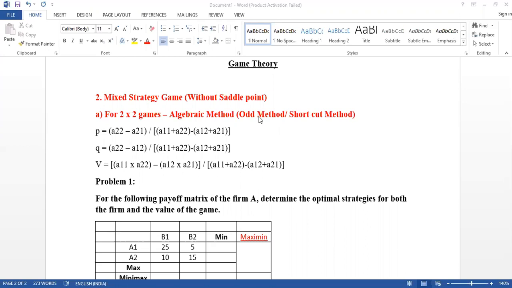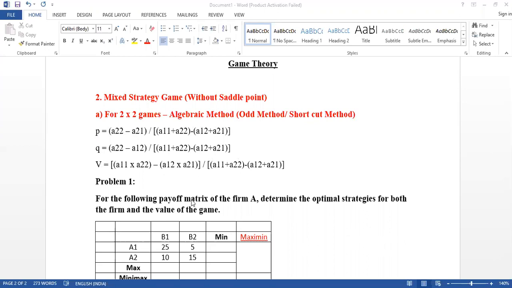So, any of the name can be called for. Majorly, it is known as algebraic method or odd method. We will be using few new variables like P, Q, V. We will be discussing about P, Q, V and their formula during the solution of the problem, right?